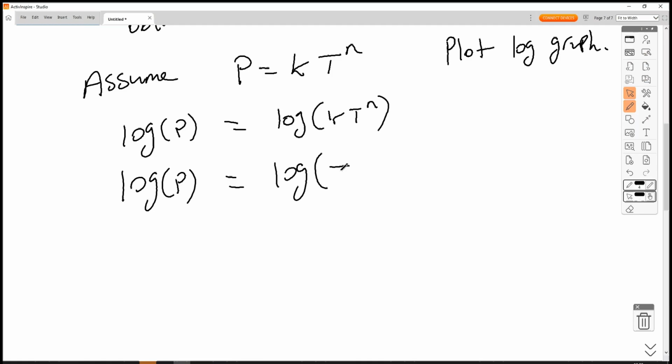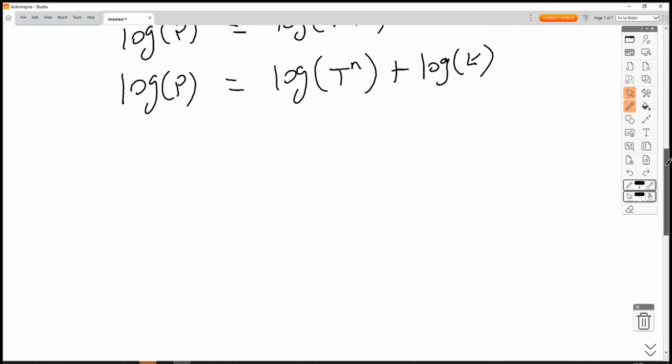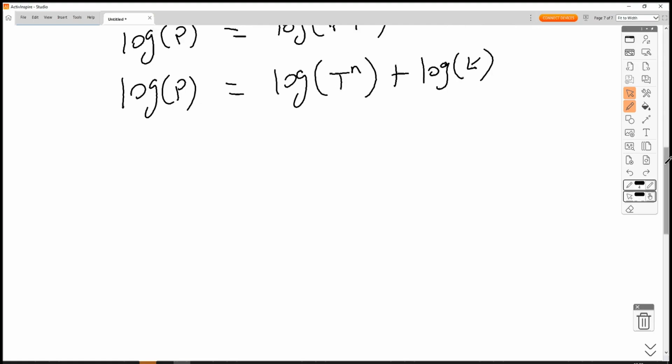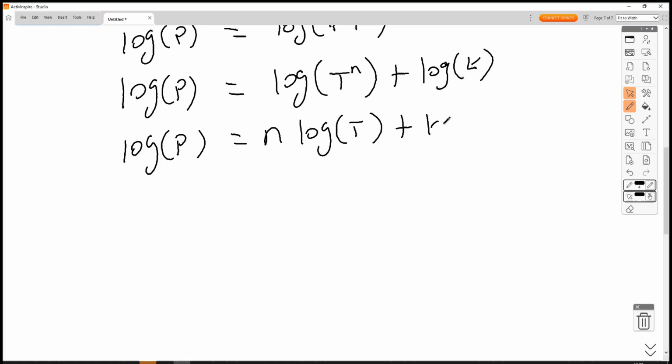That becomes log T to the N plus log K. Then we take the N outside. So we've got log P equals N log T plus log K.